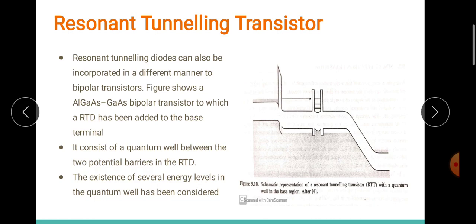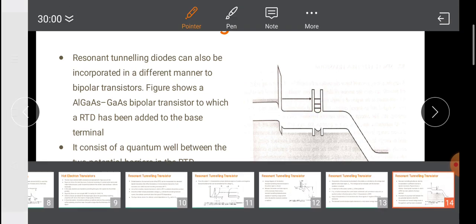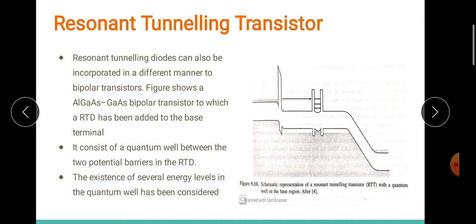So see, in this case, several energy levels in the quantum well can be considered, and this gives a number of peaks in the collector current in the output. So rather than a single peak, you can obtain a number of peaks in the collector current.